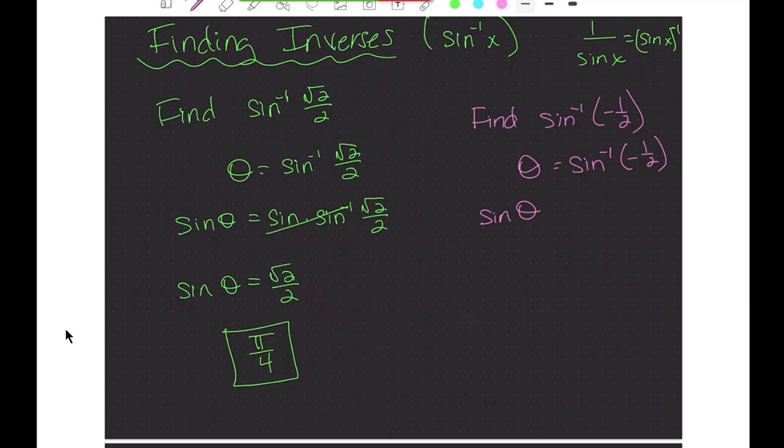So sine theta equals sine times sine inverse of negative 1/2, which equals negative 1/2. So where do we think we're going to get negative 1/2?